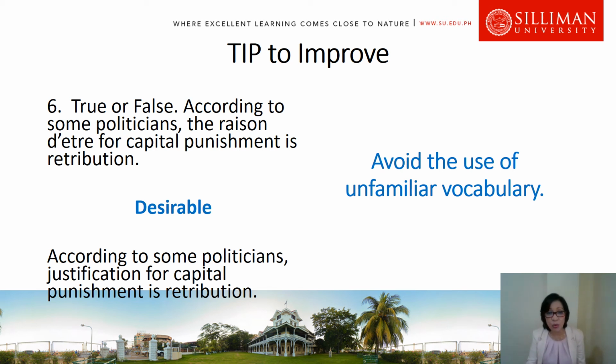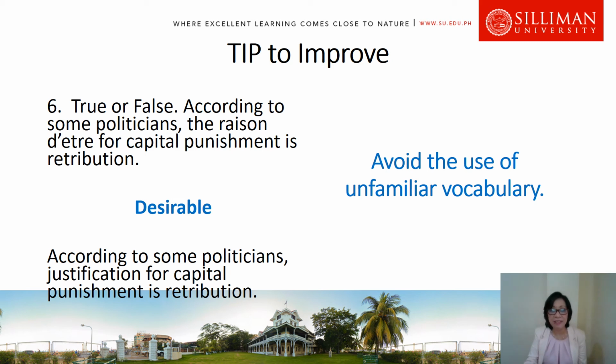So in this case, what is the unfamiliar word there? I think that is the word raison d'etre. I think it's a French word. And a more desirable one would be stated this way. According to some politicians, justification for capital punishment is retribution.